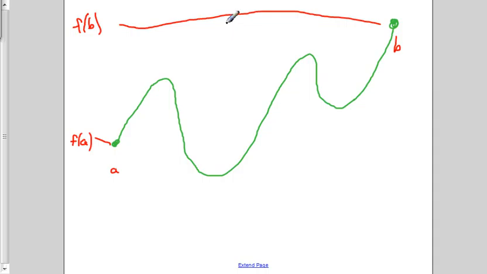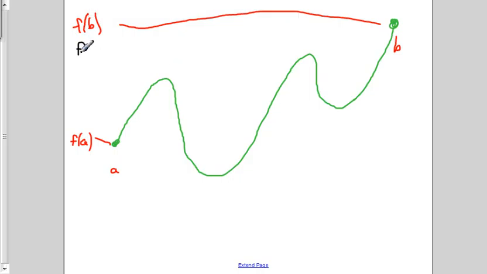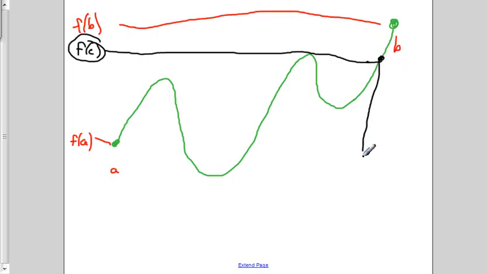So what they're saying is if I take some value c, and it doesn't matter where, and there could be multiple values, but if I choose any y value that I'm going to call f of c, as long as it's in between f of a and f of b, then there must exist some value c. And that c value must fall between a and b.